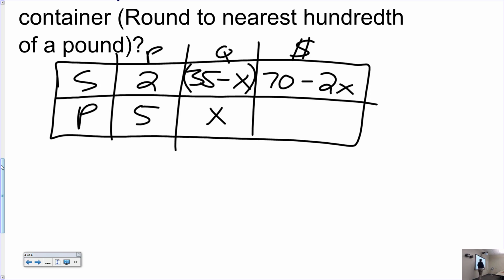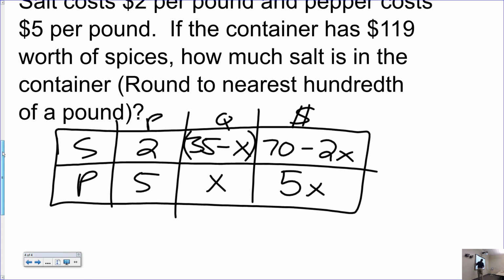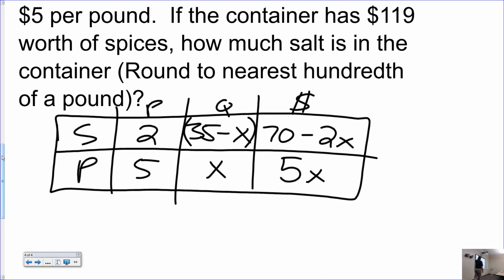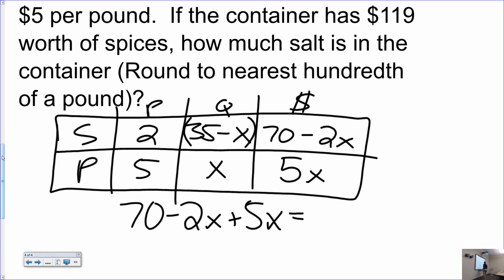Don't forget to distribute the 2 to the X. Pepper, 5 times X. What's our algebra? $70 minus 2x plus 5x. The money has to add up to the money, $119.